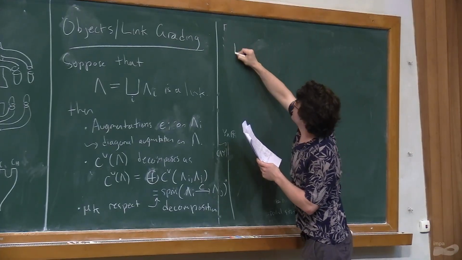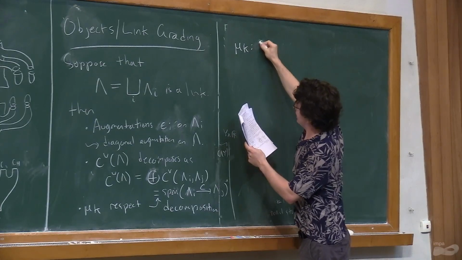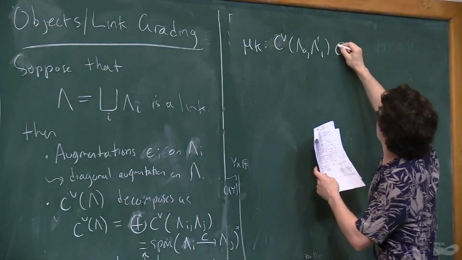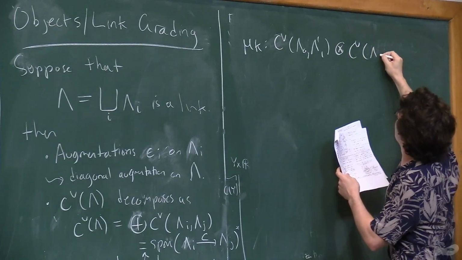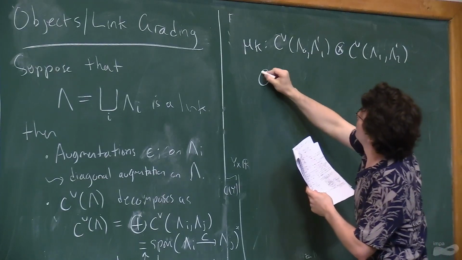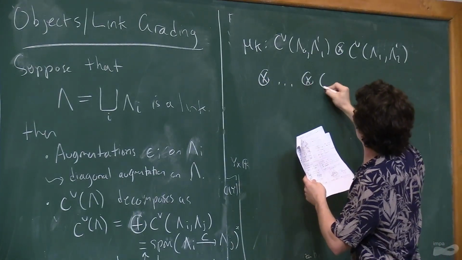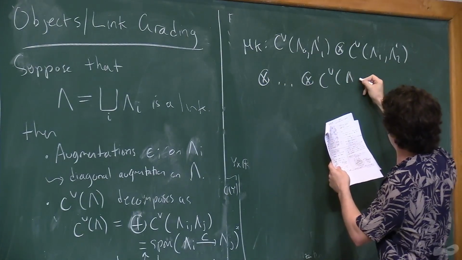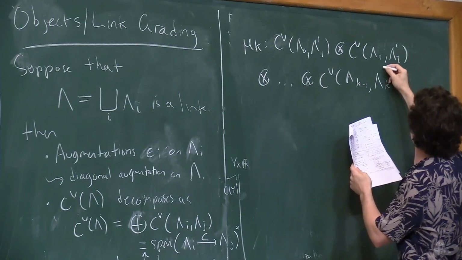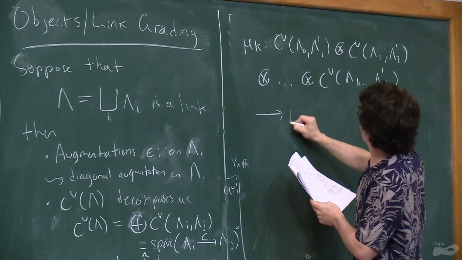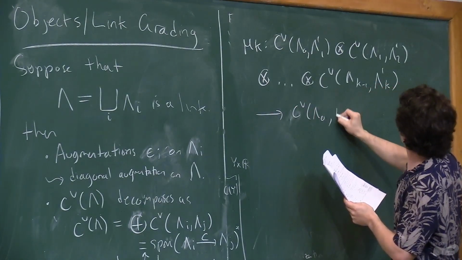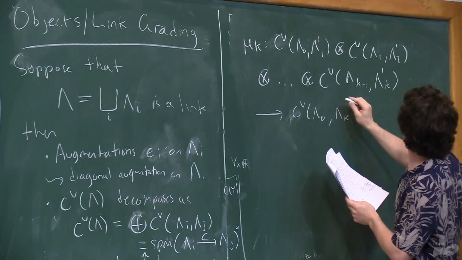So if I have a mu_k operation on a component like this, tensor C check lambda_{k-1} to lambda_k', going to C check lambda_0 to lambda_k.